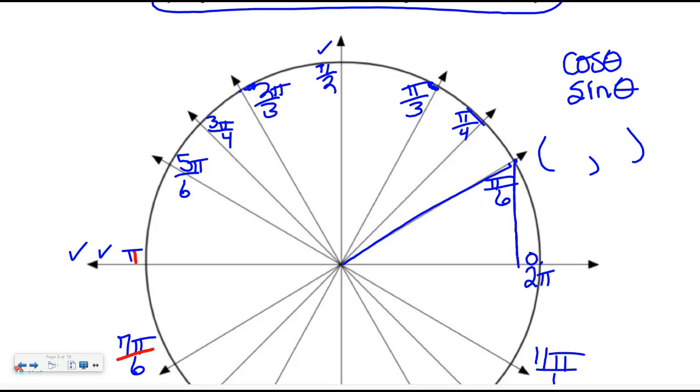So if I drop a right triangle down here, and I call my angle theta, and this is indeed the unit circle, which means its radius is 1, and if I move over x units and up y units to cut out that angle, remember your SOHCAHTOA stuff that the sine of an angle is the opposite over the hypotenuse.